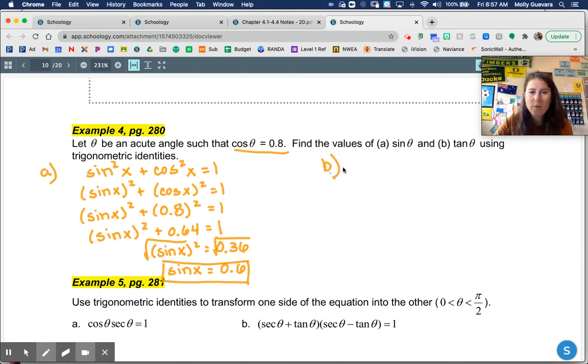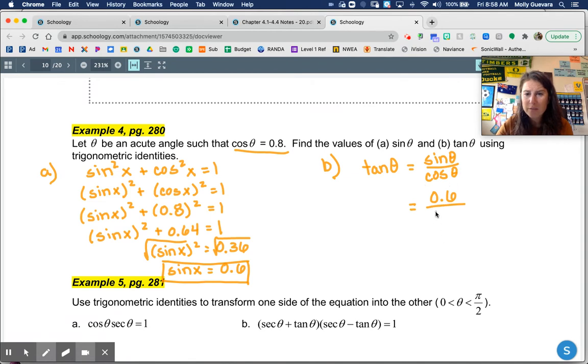For B, I want to know what tangent of theta is. I'll use theta this time. Well, the good news is now I know sine and I know cosine. And I know that tangent is sine of theta over cosine of theta. And I know what both sine and cosine are. So this should be pretty easy now. My sine of theta I just solved for is 0.6.